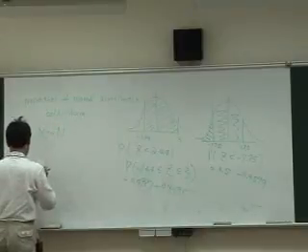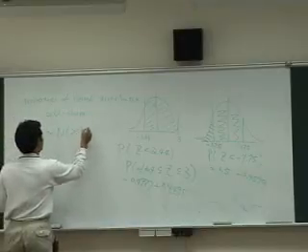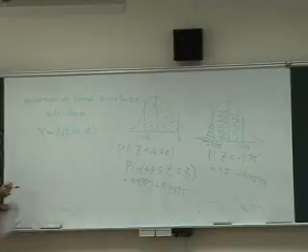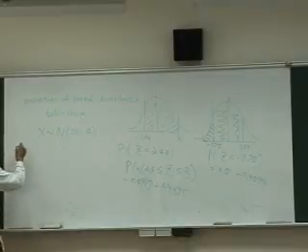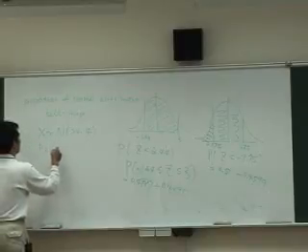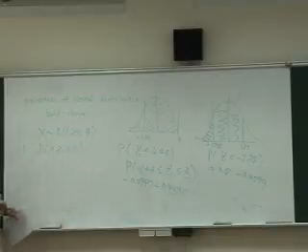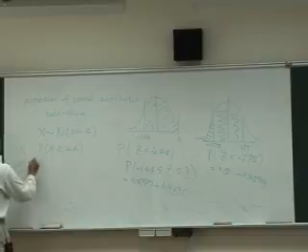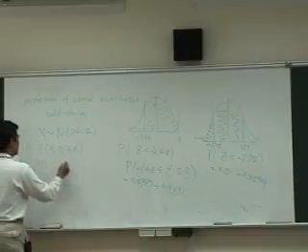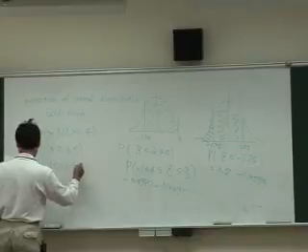The mean is equal to 20 and the variance is equal to 4. And now, the first question, you are required to find out P(X greater than or equal to 24). And the second question is, you are required to find out P(16 less than or equal to X less than or equal to 24).